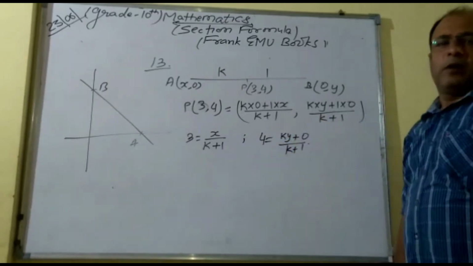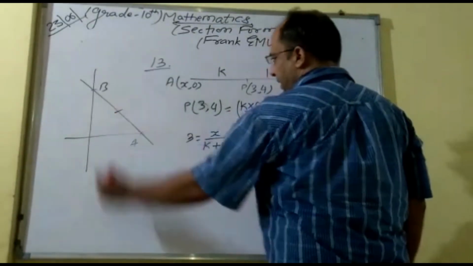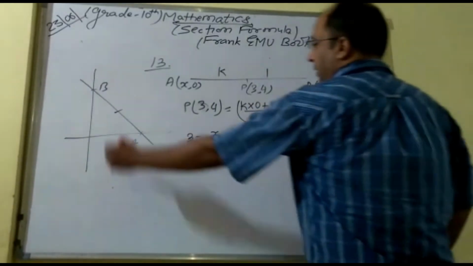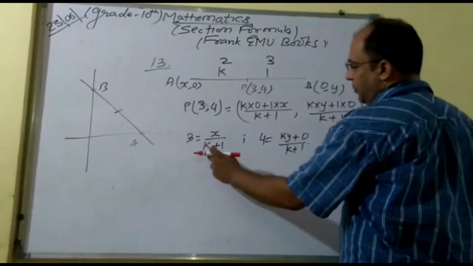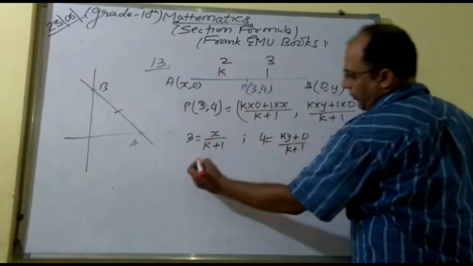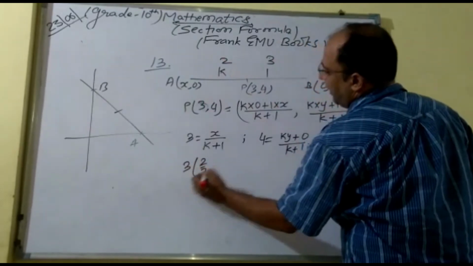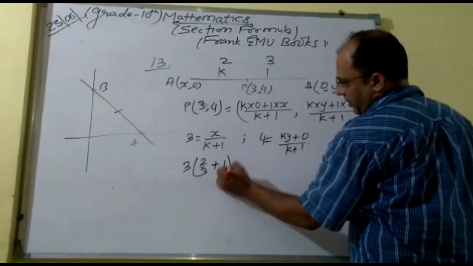Now here the value of k is given. How much? This line is divided by the ratio of 2:3. Means here it is 2 and here it is 3. Now substitute the value of k, 2 upon 3. So 3 equal to X upon 2 upon 3 plus 1.